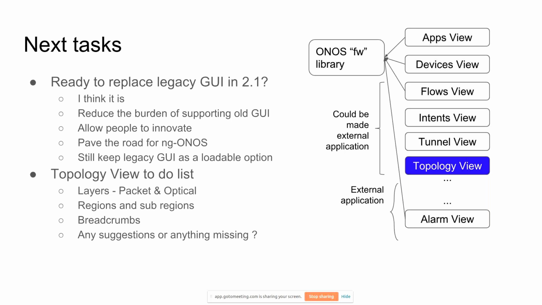Today we have that codified in the Maven archetypes for the old UI, but not anything like that for the new UI, which I think is okay, because presumably it will be much easier using TypeScript and a more object-oriented method than the old one. And the reason I can confidently say that is I've just recently done an extension of the UI to support the ON.Lab demo, just as a side project, and that reminded me how much voodoo there is.